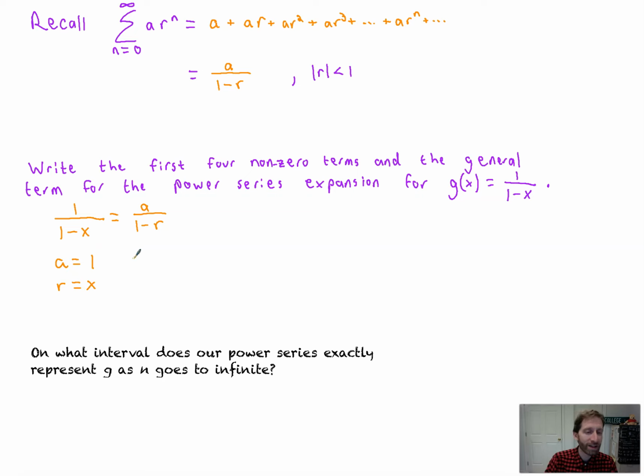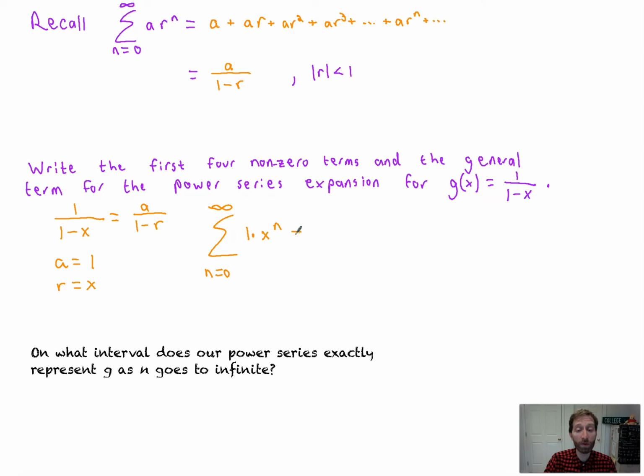Some people will write it right in sigma notation immediately, while other people will expand it out. I like to go right to sigma: my first term is 1, times r, which is x, to the n. That's the sum of this series, starting at n equals 0 to infinity.